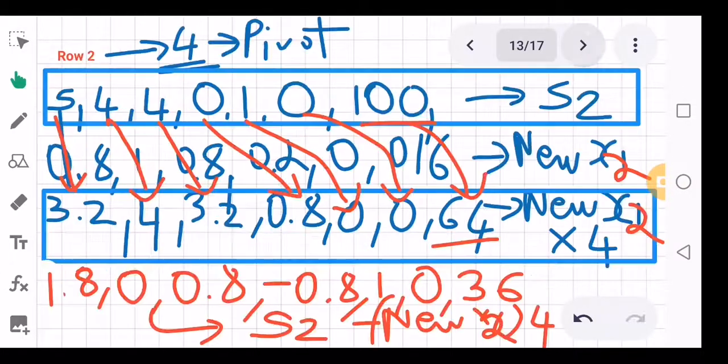In case of row 2, we need to find out that particular element of row 2 which forms part of the pivot column, that is 4. First we need to find that out. After that, we have to write down all the row 2 elements. Then we need to write down all the elements that we found in the row 1.